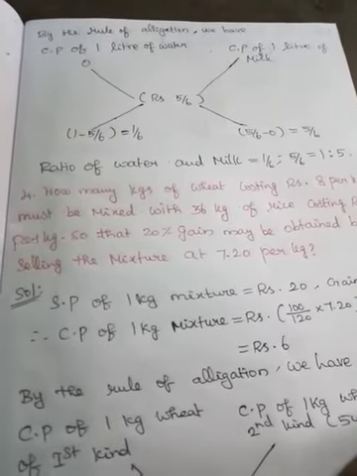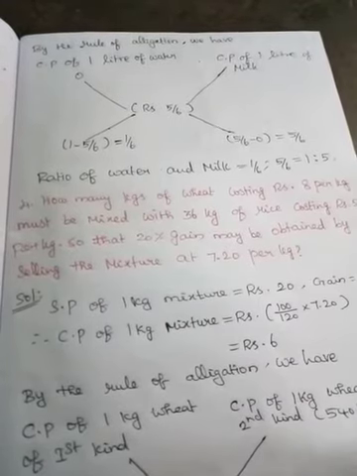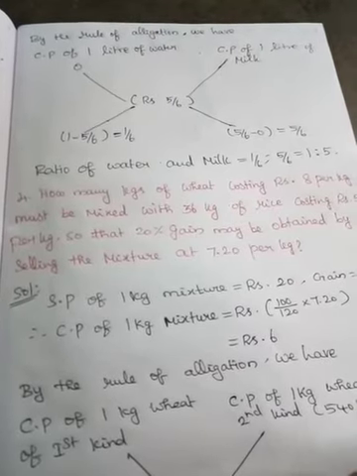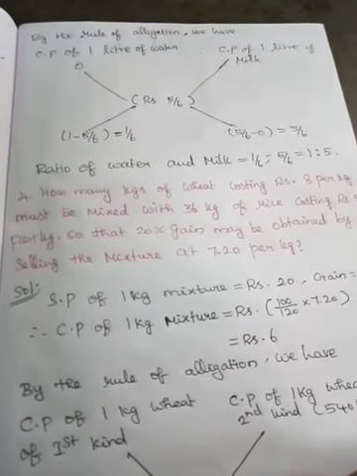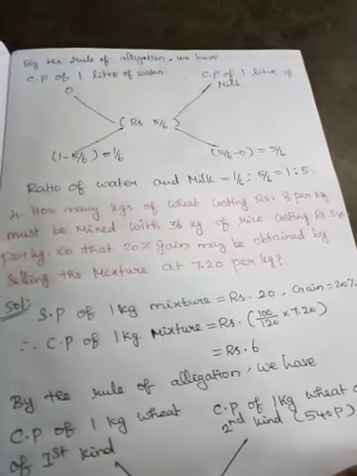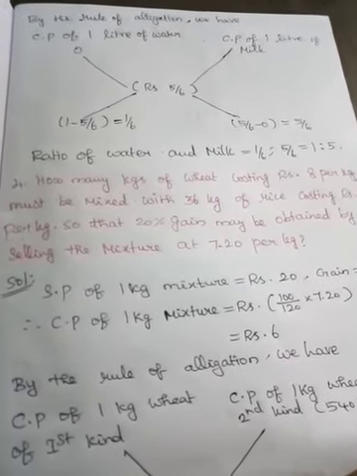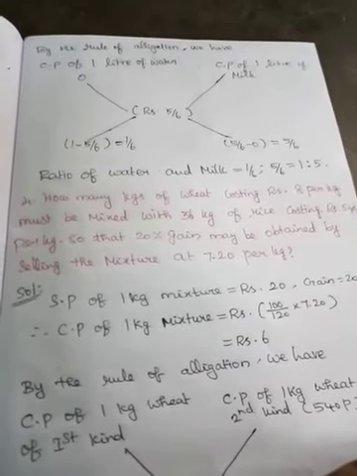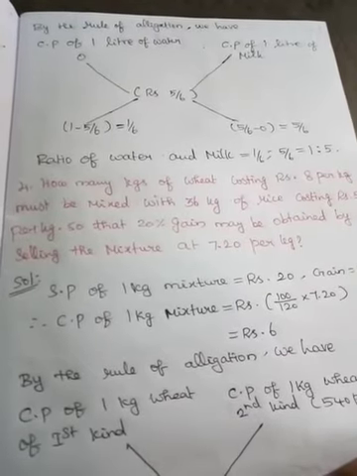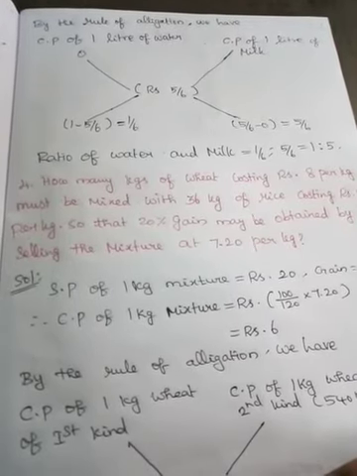Next, fourth sum. How many kilograms of wheat costing rupees 8 per kilogram must be mixed with 36 kilogram of rice costing rupees 5.40 per kilogram, so that 20% gain may be obtained by selling the mixture at 7.20 per kilogram?